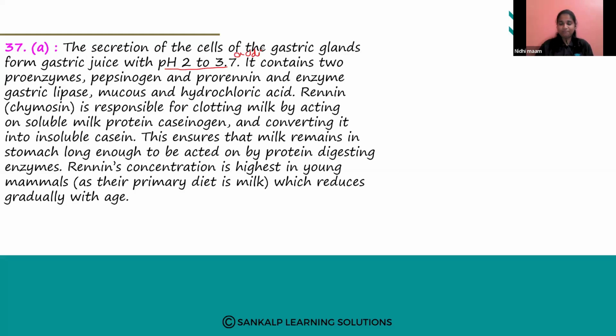It contains two proenzymes, that is, inactive enzymes: pepsinogen and prorenin. It also contains an enzyme called gastric lipase, in active form. Mucus and hydrochloric acid are also present in gastric juice. Renin, also called chymosin, is responsible for clotting milk by acting on the soluble milk protein caseinogen.